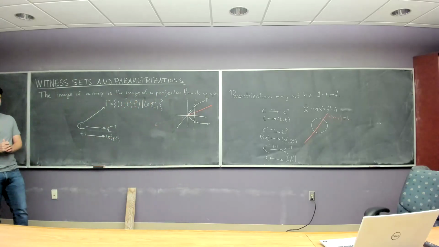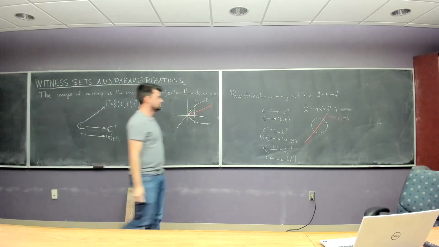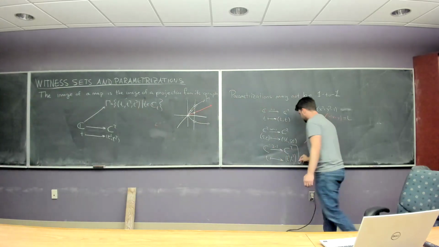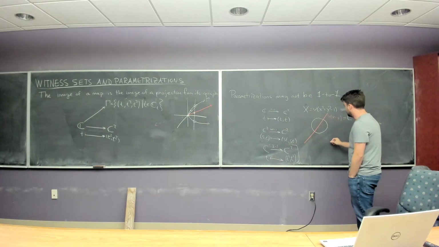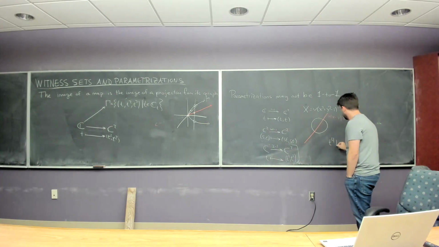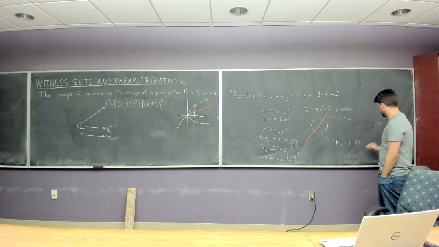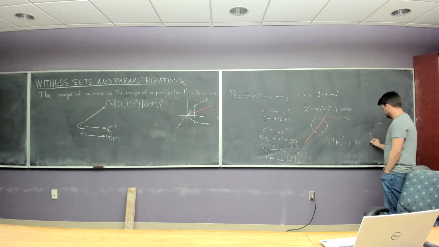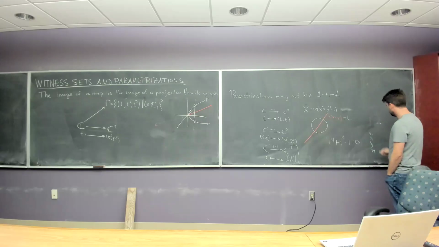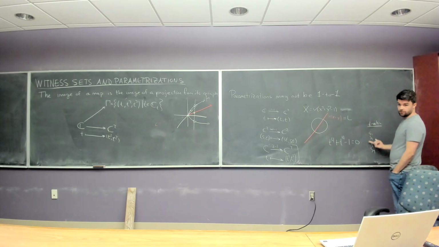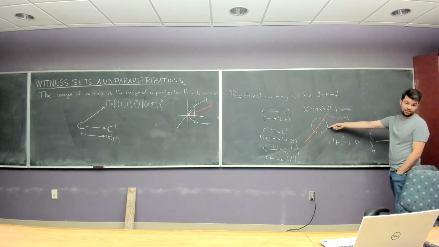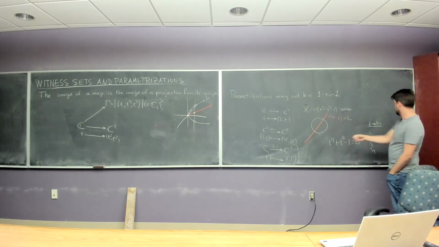And so if I wanted to use this to compute the intersection points of a line and a circle, I would be solving t to the 4th plus t to the 4th minus 1 equals 0. And I would get 4 solutions. These would be my t-values, which are solutions. But then I'd have to map those t-values into the space I actually like, the xy plane, and I do that via this map.